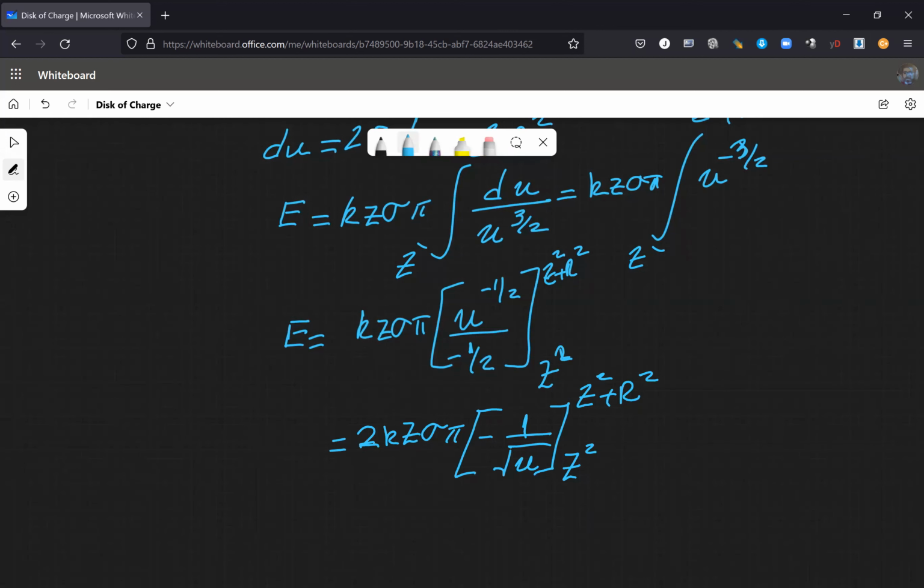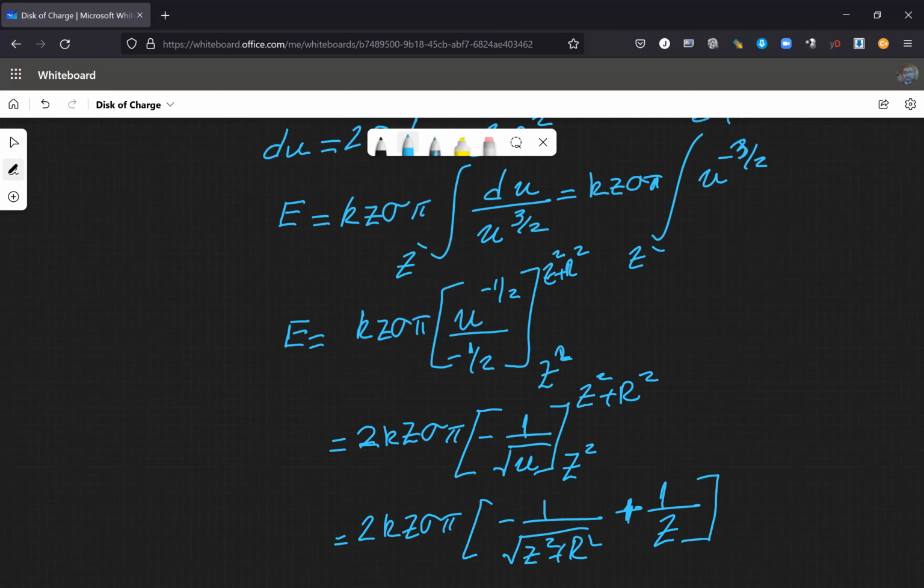All right, so let's plug it in. 2kz sigma pi. Plug in z squared plus r squared. So I have negative 1 over the square root of z squared plus r squared, minus, and I have a minus in here, so I get a plus 1 over the square root of z squared, 1 over z.